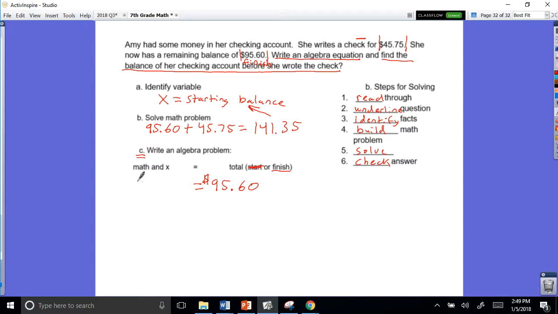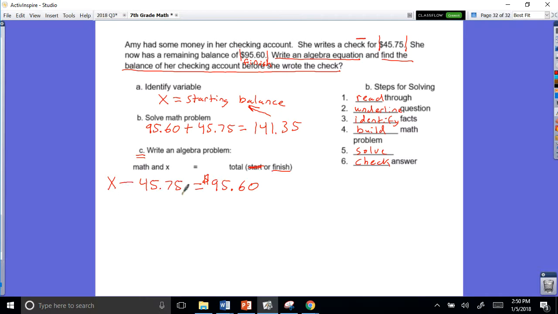Okay, so that's what we're going to build with our algebra problem, but we're going to pretend like we don't know this number, and we're going to use x instead. So we're going to say x, which is $141.35, and if you take away $45.75, that'll give you $95.60.